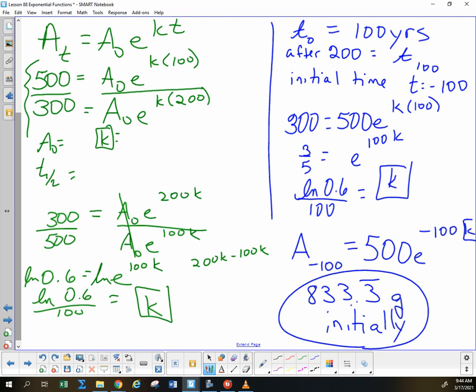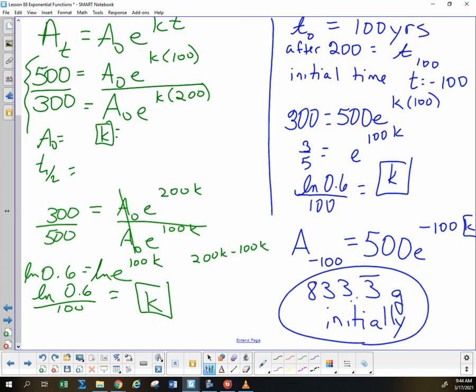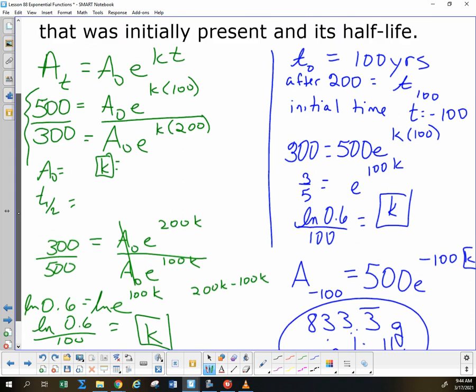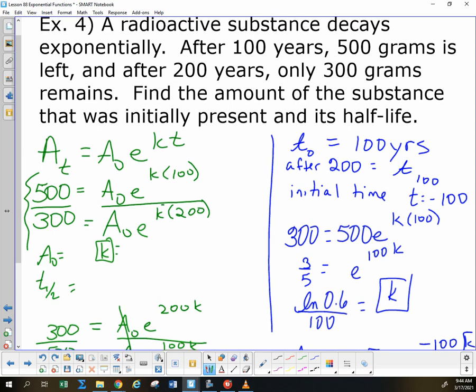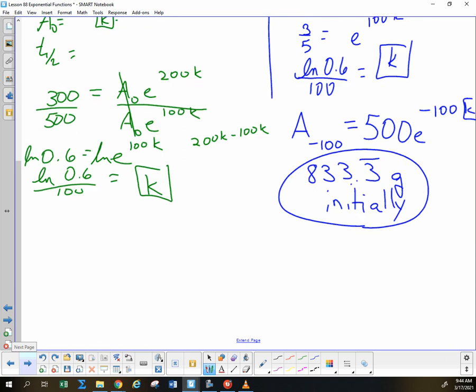Okay, then this way, once we had that, what did we need to know? Now we know K, and we need A0. So we can plug into either one of these. I'll plug into the 300, or I'll do the 500. I like 100 better in there for my exponent than 300. So now I can go back to one of my starting equations, because I've now found one variable, so I plug it in there.